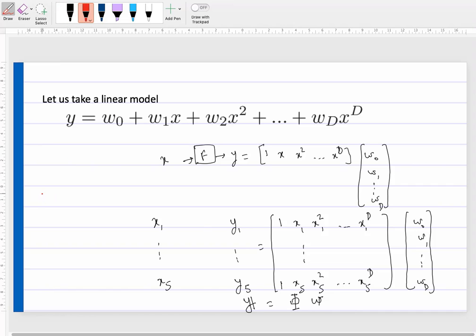D plus 1 unknowns. These are w0 to wD. Right? How many equations are there? 5 equations are there.